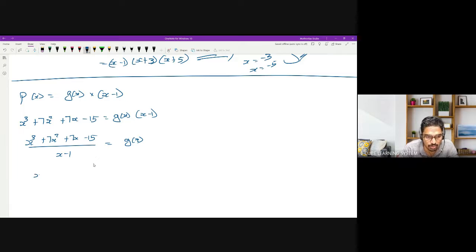The division answer is x square plus 8x plus 15. Just note down how the answer is obtained, by long division or by using the division algorithm.